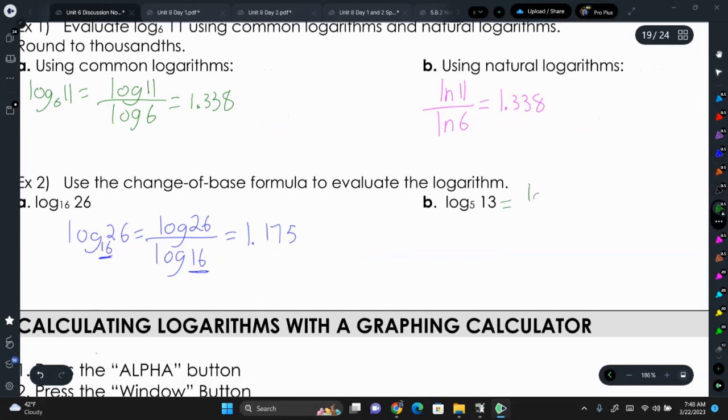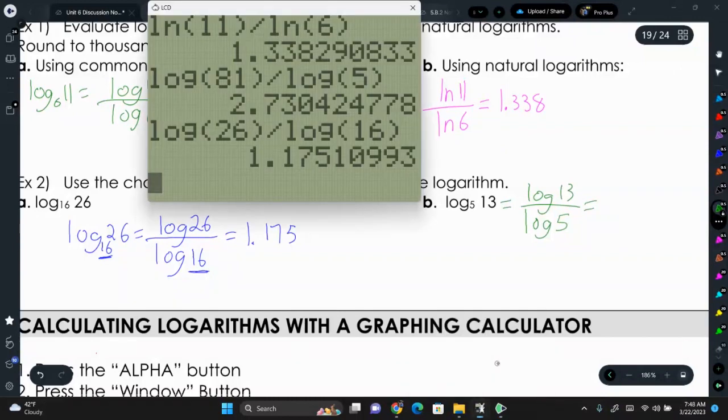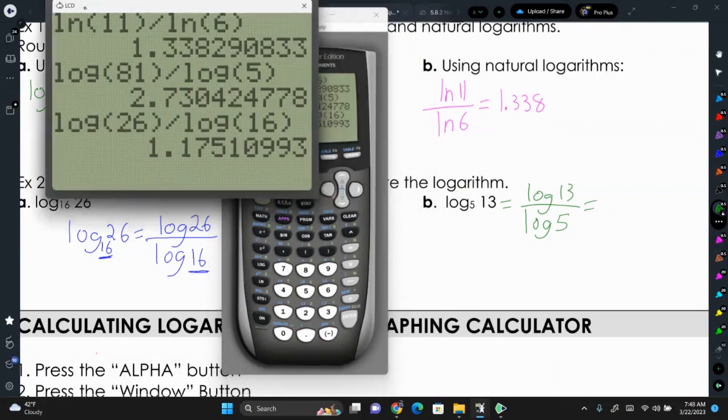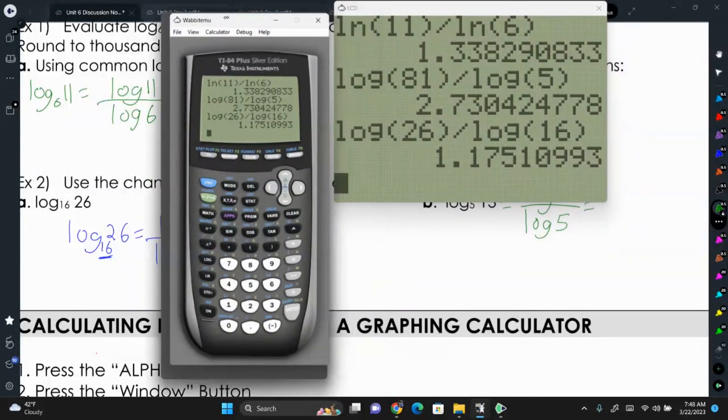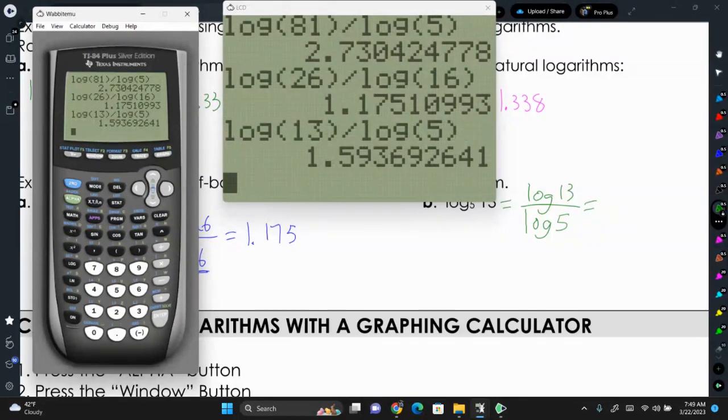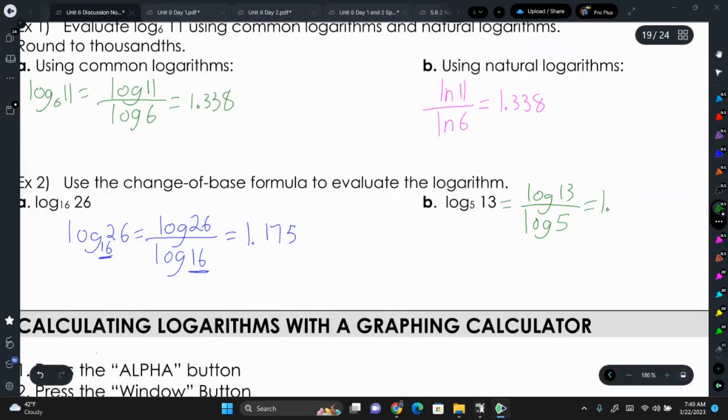Here, this one is going to equal log 13 over log 5. Not base 5, log 5. And you get 1.53936, so that rounds up to 1.594.